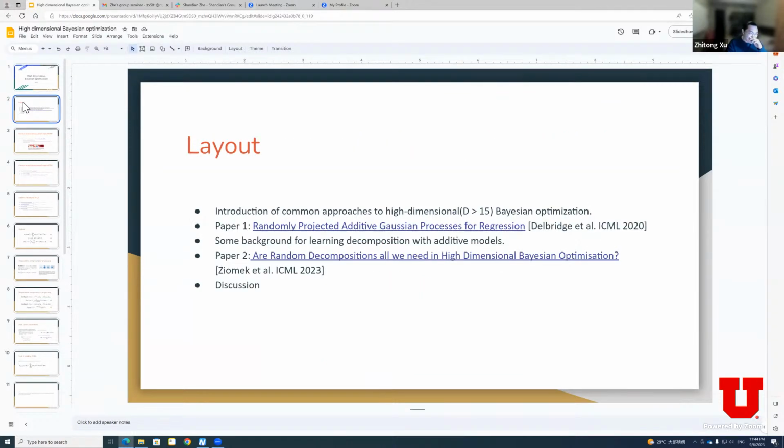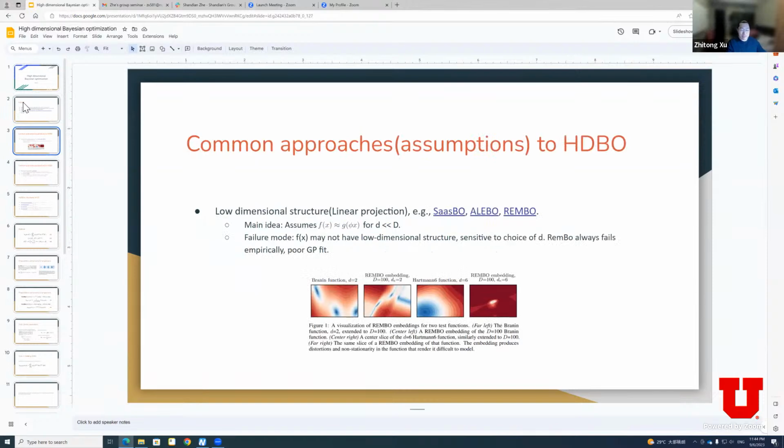Bayesian optimization is a way to do non-convex optimization, where a surrogate model is used to model the data, and an acquisition function is maximized to get the next query point.